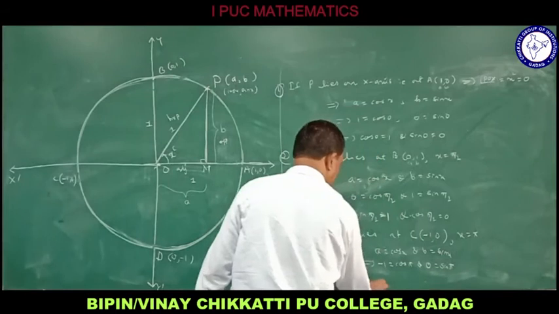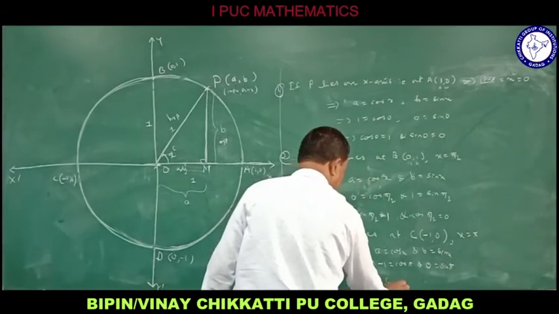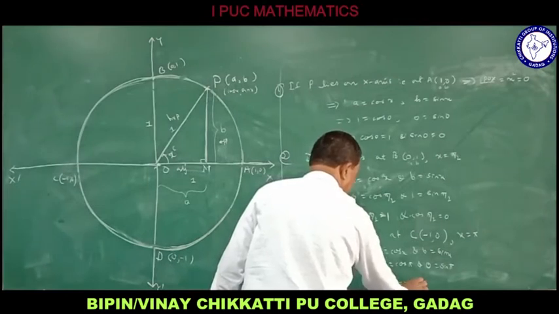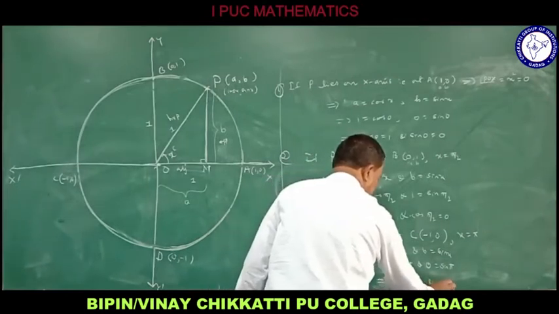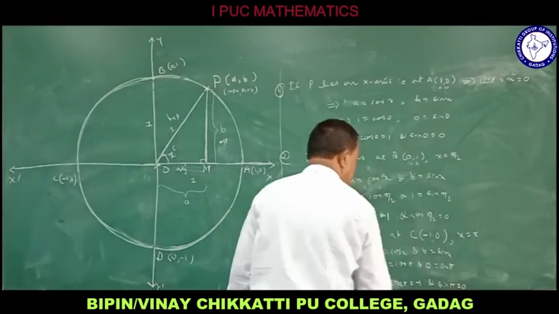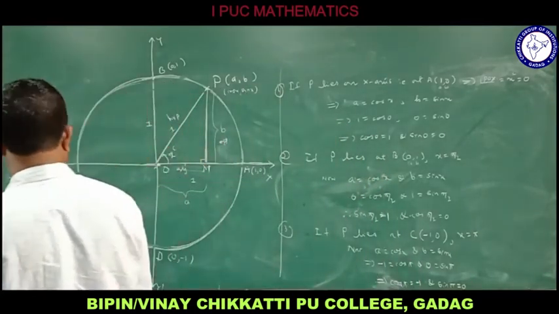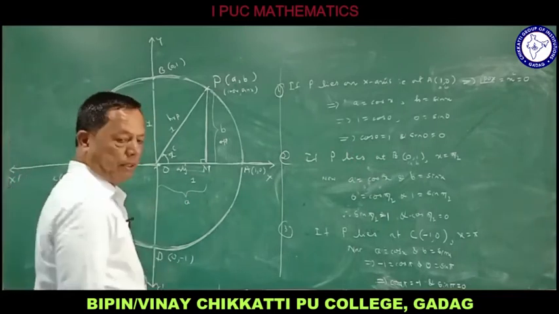So the answer is cos pi is equal to minus 1 and sin pi is equal to 0. This is how we have explained it, and accordingly we can go for it.